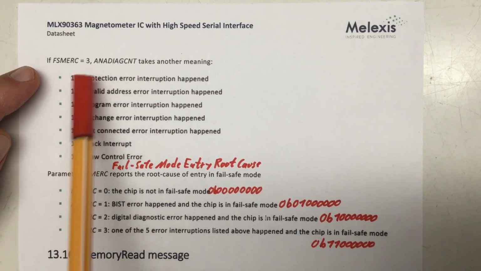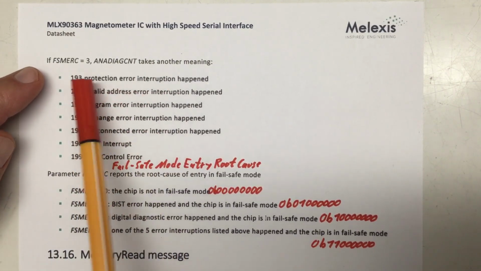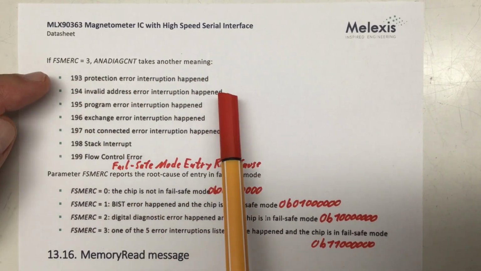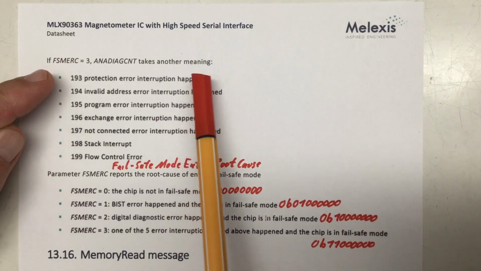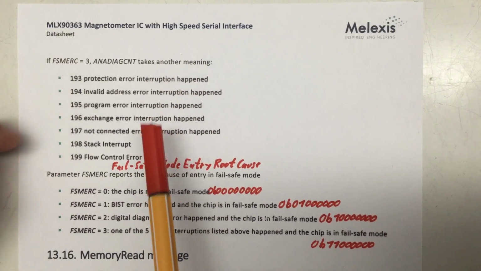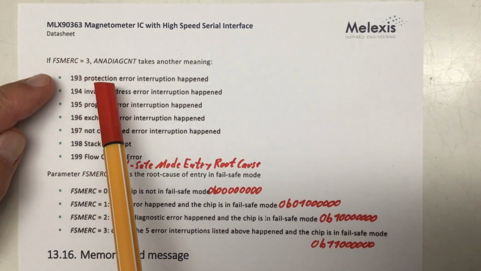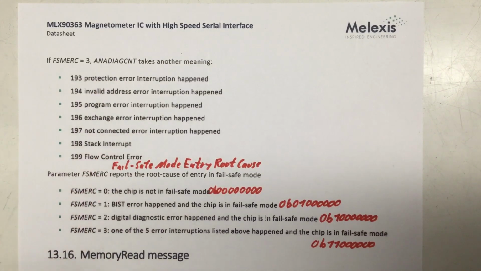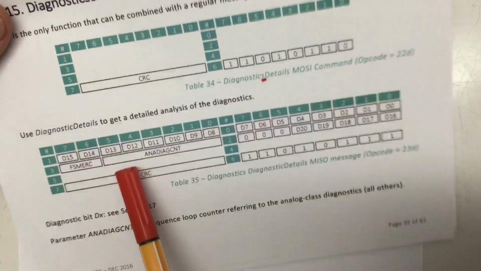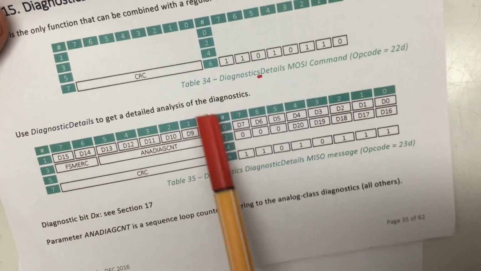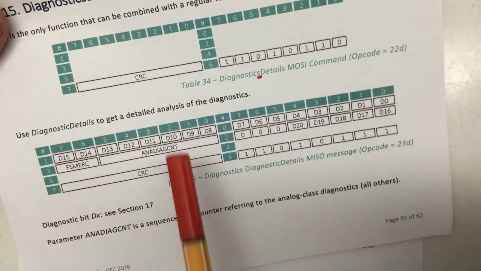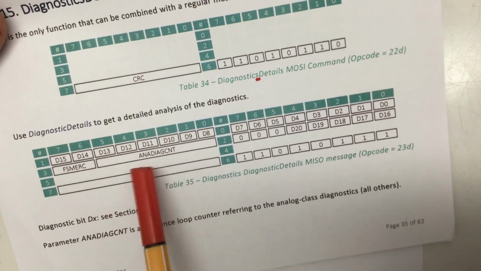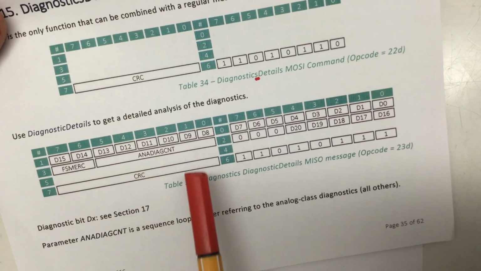If FSMerc is equal to 3, our analog diagnostic counter takes another meaning. And here I spot a little problem. So we have here values between 193 and 199. However, our counter field is only 6 bits, so it can only have values between 2 to the power of 6 minus 1, that's 63, and 0.